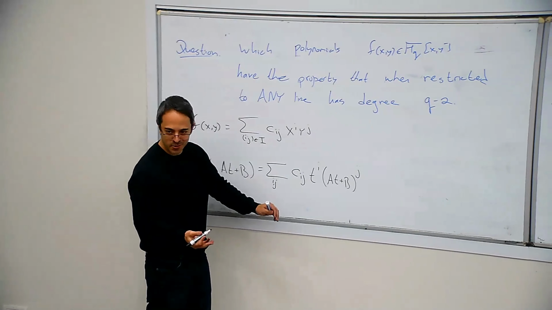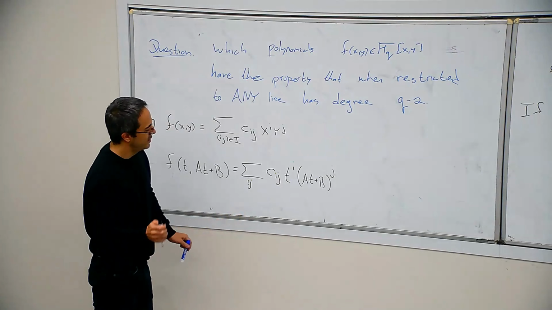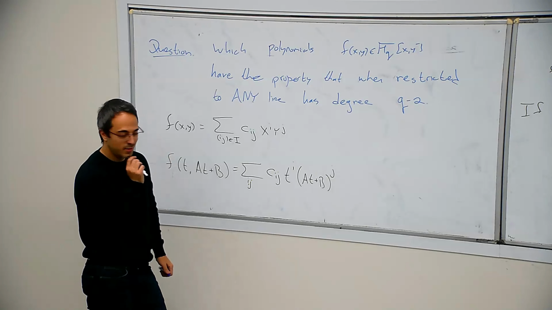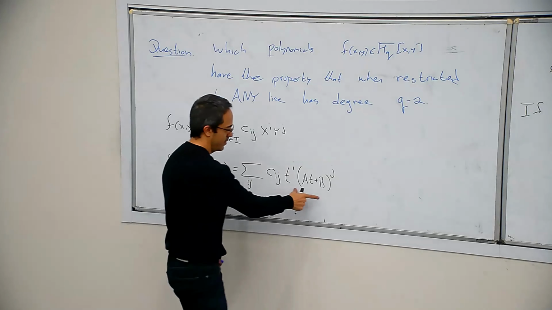And of course, what I will do now is open this up. And again, we want to exchange something. So c_ij, t to the i, I'm going to have a sum here, but you should be a bit careful when writing things. Everything's okay, but I just wanted to make sure that you understand what you're writing.